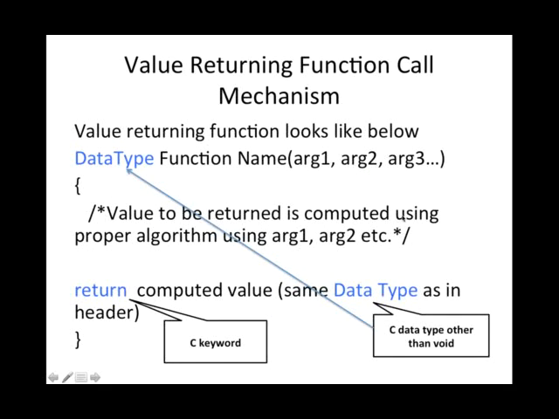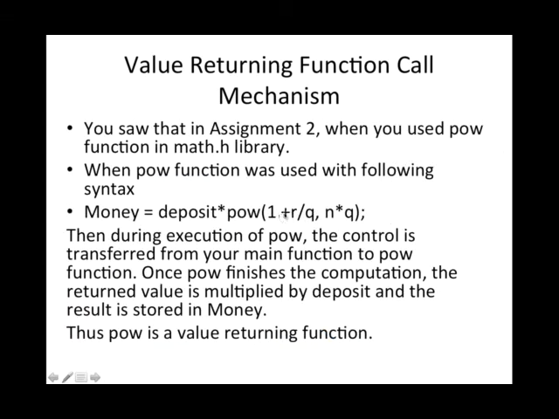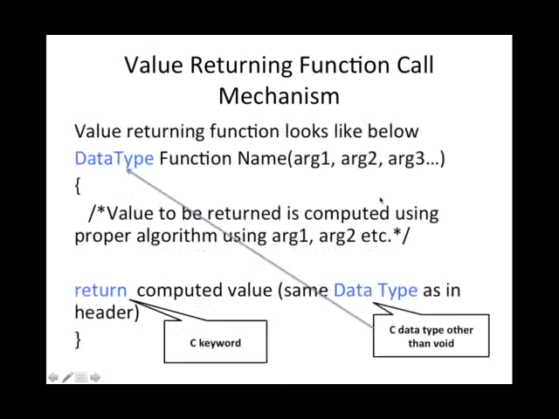And a typical value returning function looks like below. There will be a data type other than void here, then a function name such as pow, and there's an argument list: argument 1, argument 2, argument 3. In a function call, which we did here, the argument list contained the values that the user would like to pass to the function.